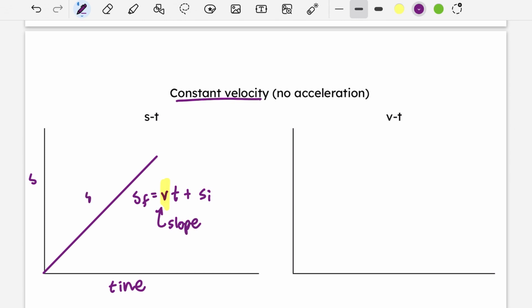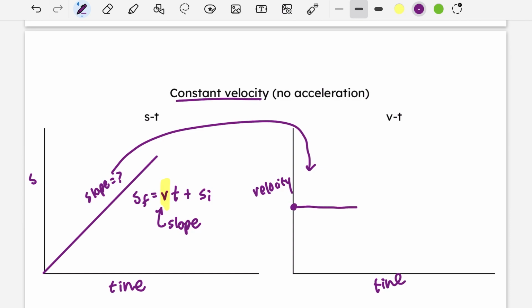So we get some slope, and whatever number the slope is equal to, well, in a velocity time graph, we just graph that slope. So whatever number the slope is equal to, we plot that here, and the velocity does not change over time. At every point in time, the velocity is exactly the same.